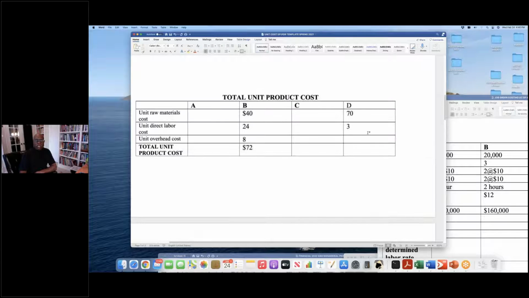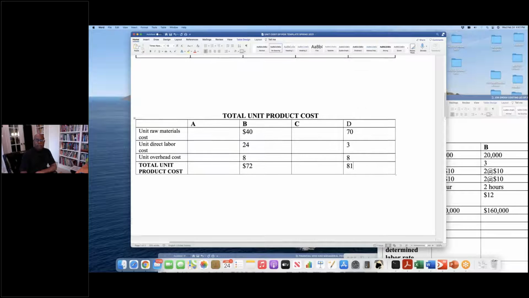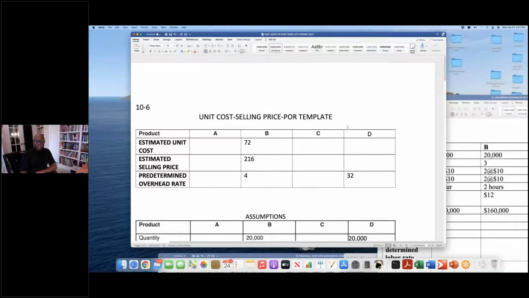So if we put an 8 here, the total cost is 81, so the 81 comes up here.